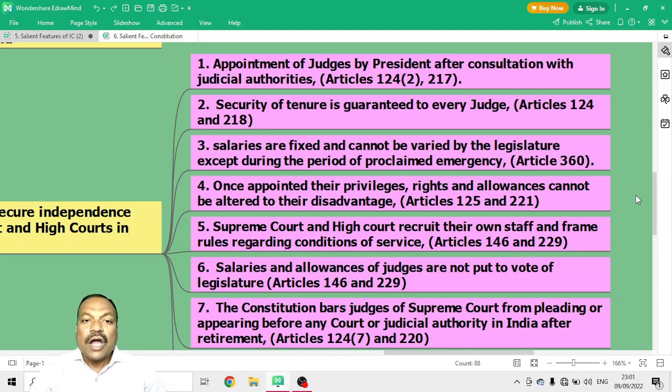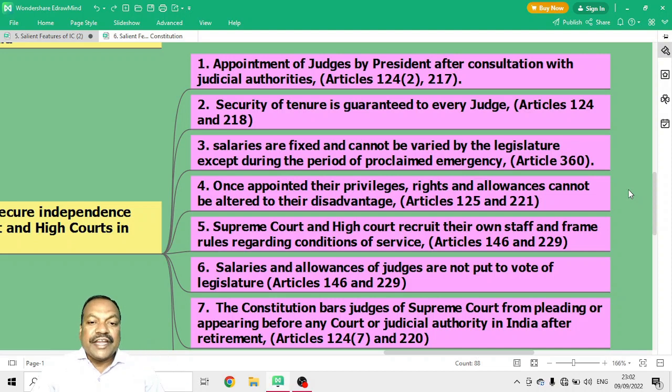Number one, appointment of judges by the President after consultation with the judicial authority. Secondly, security of tenure is guaranteed to every judge. Thirdly, their salaries are fixed and they cannot be varied by the legislature except during the period of proclamation of emergency, that is, during the financial emergency according to Article 360.